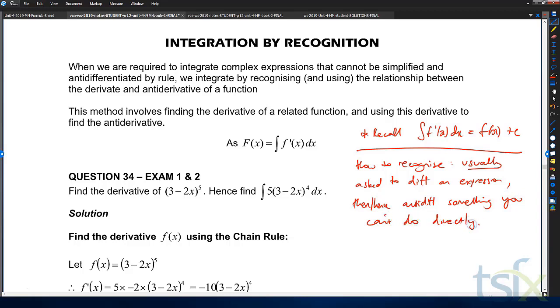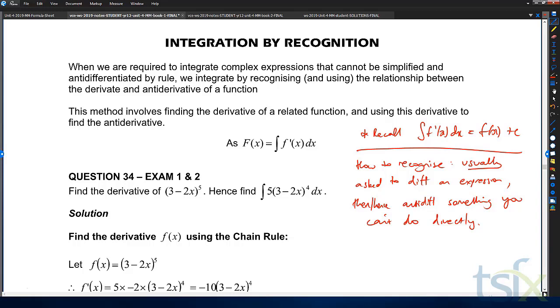I'll read that out again. How do you know in the exam it's one of these? Usually you're asked to find a derivative and hence anti-diff. See over here, find a derivative, hence anti-diff. But usually it's something you can't do directly.